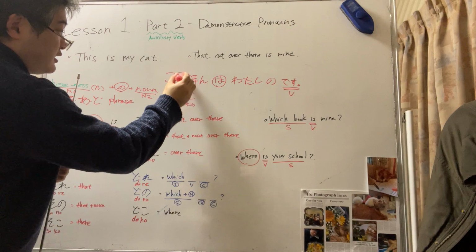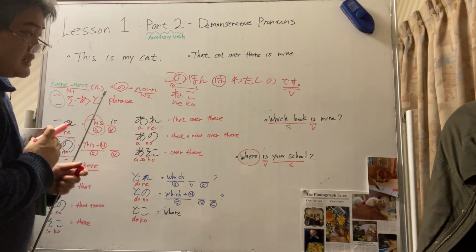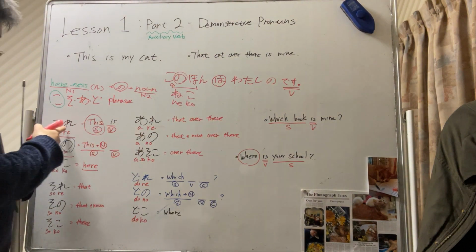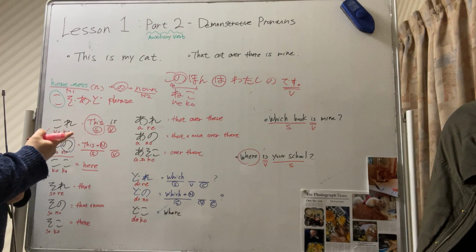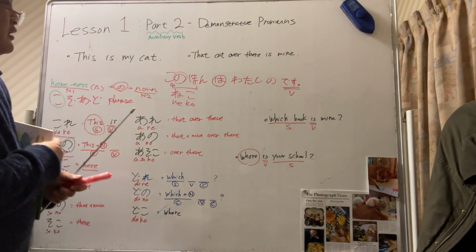Here you can see the hon belongs to the here-ness, so you cannot have that with kore because re does not express a relationship between two nouns.